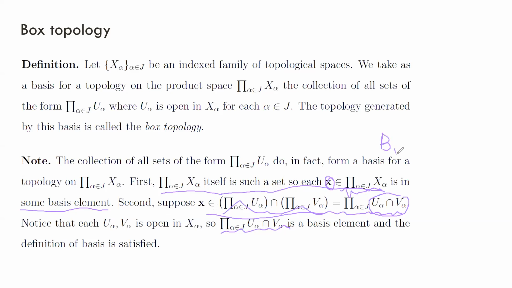Here B1 intersect B2 can be described as B3, and that is condition two of being a basis element. Okay, and then we'll go to the next slide.